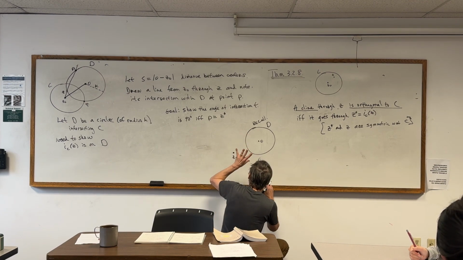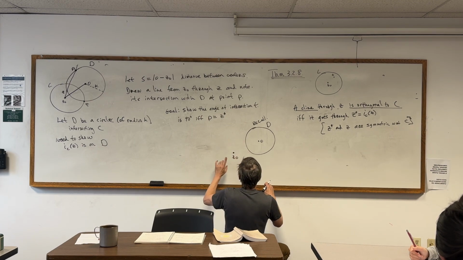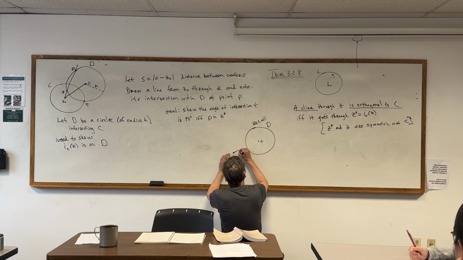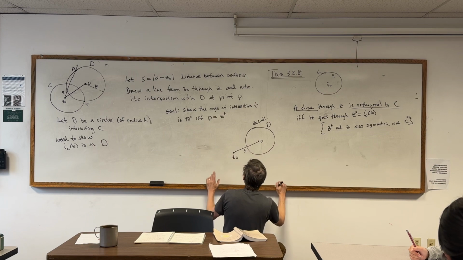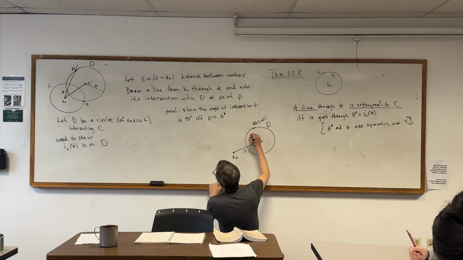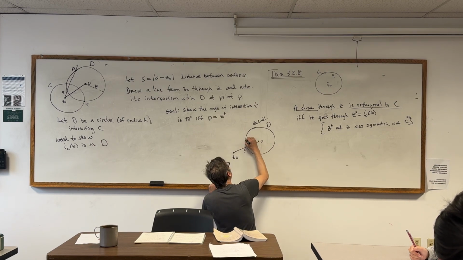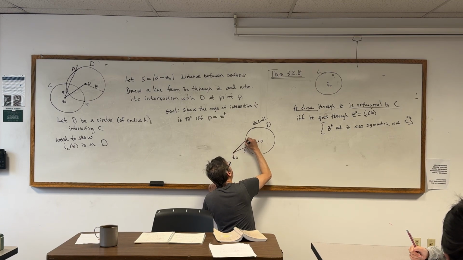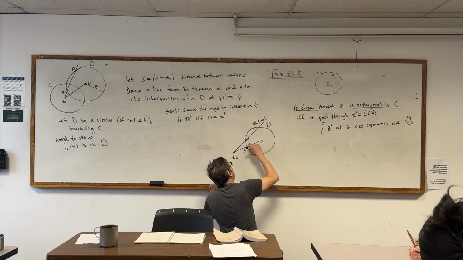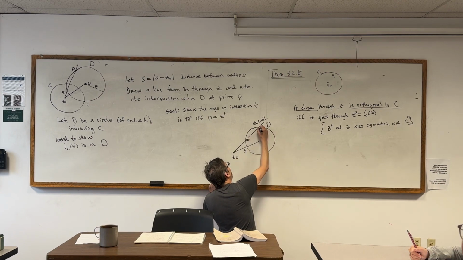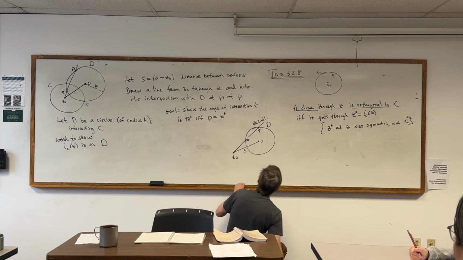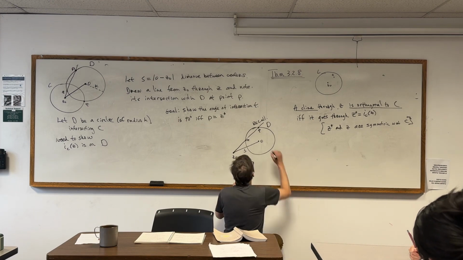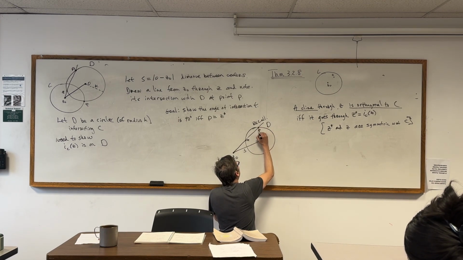Thinking back to that very first lemma that I referenced, we've got the distance between these two points being S. We've got a point Z here already on that circle. We're going to draw a line from that. We already have that line through Z, and then we've got this point P up here.